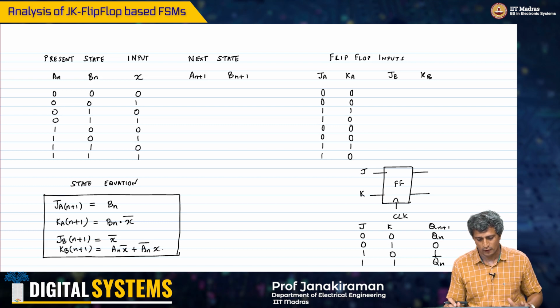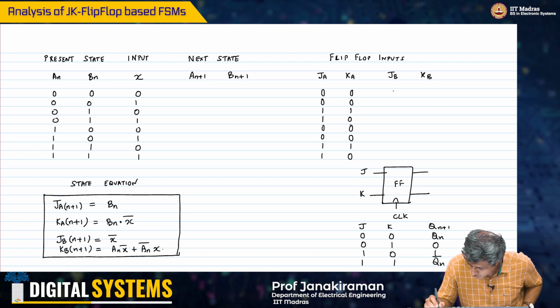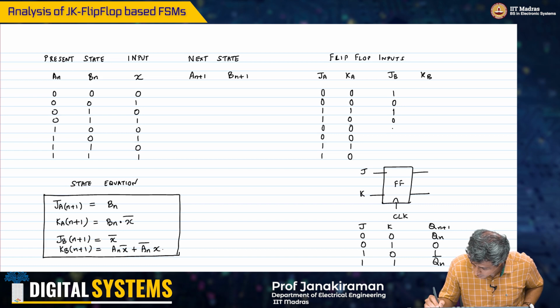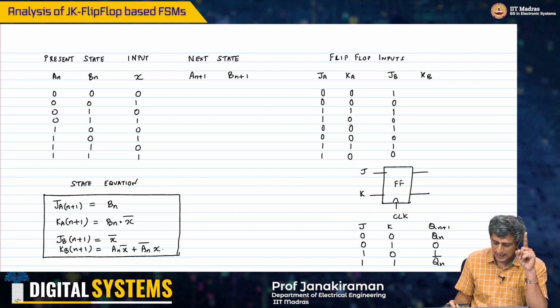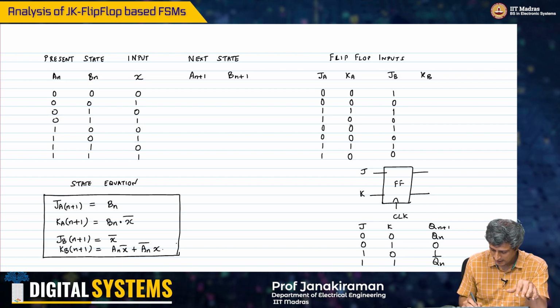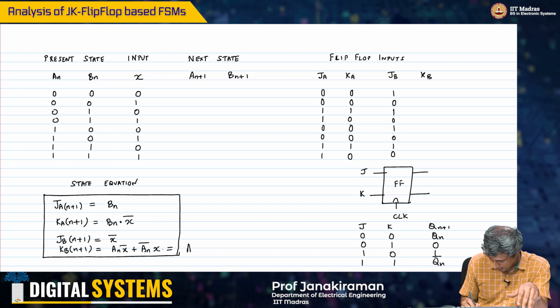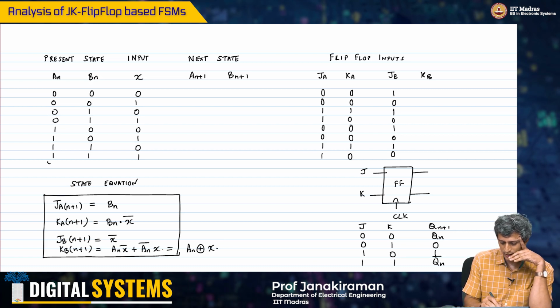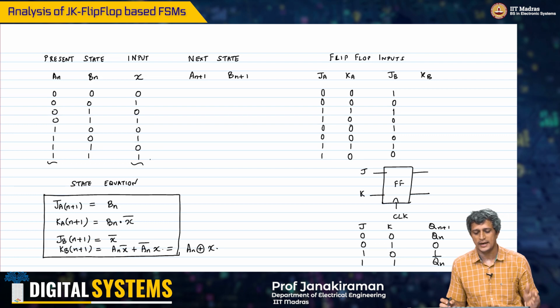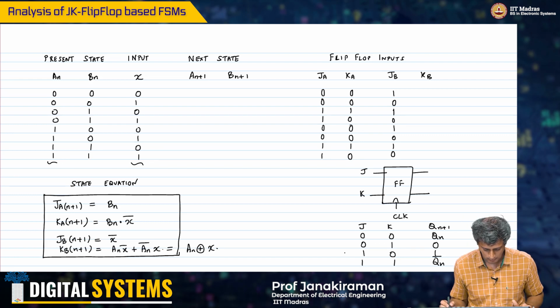JB is very straightforward, it is simply X bar. So it is just 1 0 1 0 1 0 1 0. And finally KB is An XOR X. So it's very simple, you just take this column and XOR them and put them here.